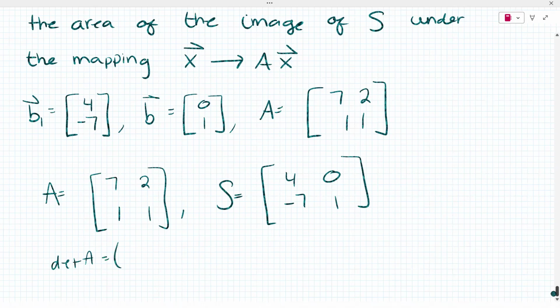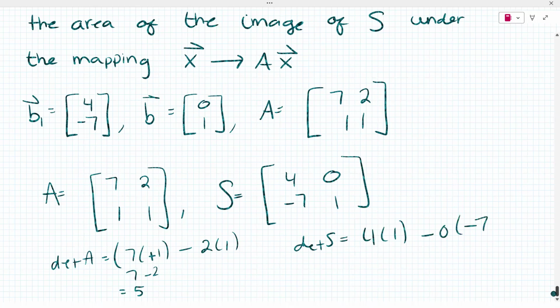That would be 7 times 1 minus 2 times 1, which is 7 minus 2, which is 5. And the determinant of S is 4 times 1 minus 0 times -7.